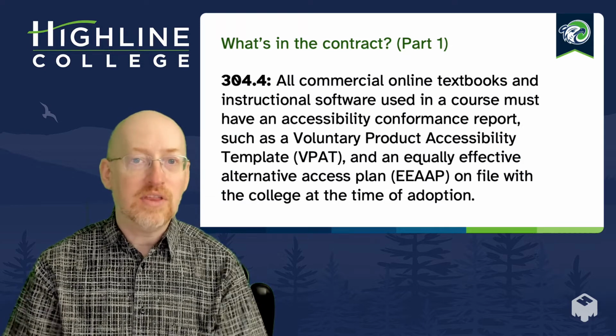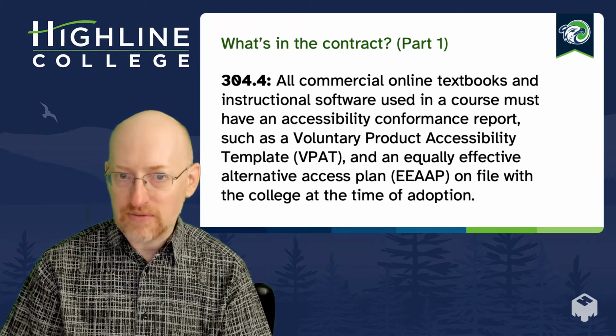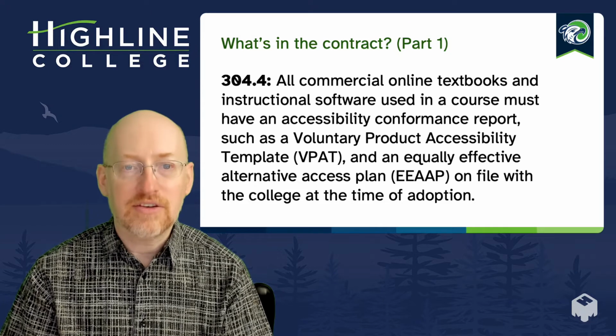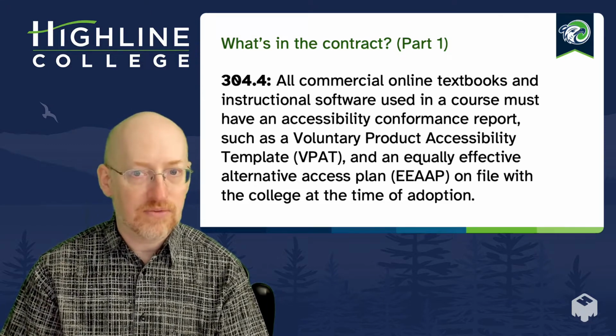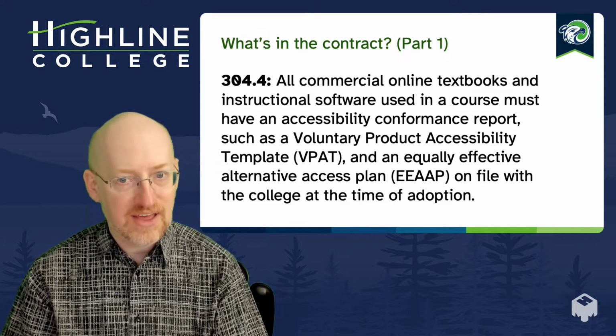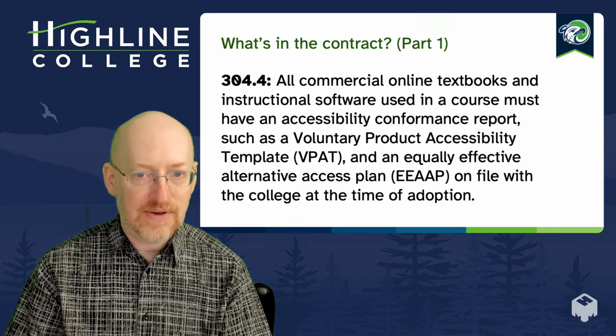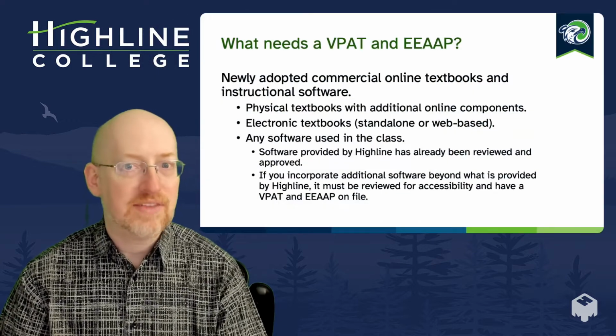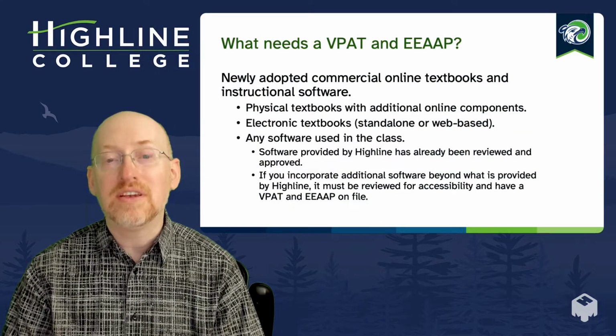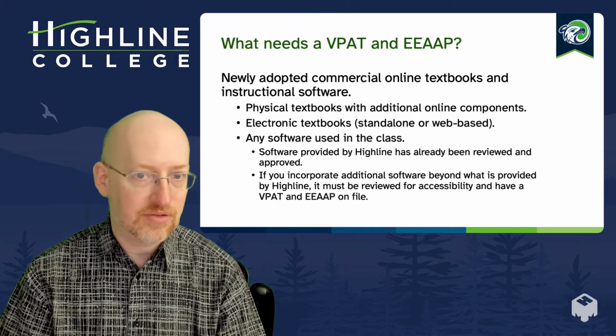So, according to the new Highline Contract 304.4, all commercial online textbooks and instructional software used in a course must have an accessibility conformance report, such as a VPAT, and an EAAP on file with the college at the time of adoption. Now, VPATs and EAAPs are necessary for any newly adopted commercial online textbooks and instructional software.